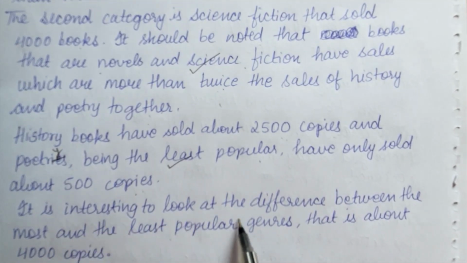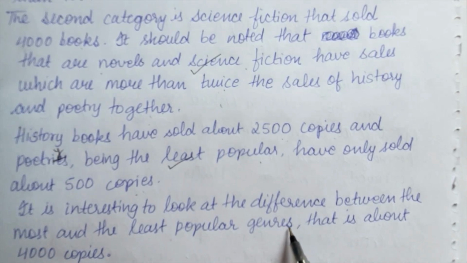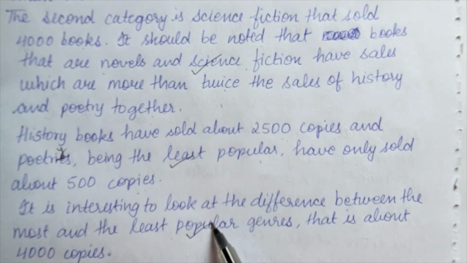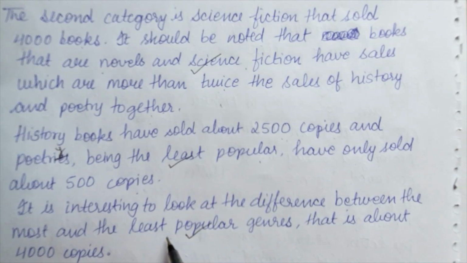It is interesting to look at the difference between most and least popular genre, that is about 4,000 copies. So this is also a calculation that there is huge difference between the most popular and the least popular genre.